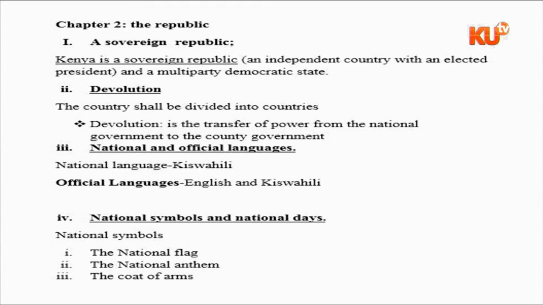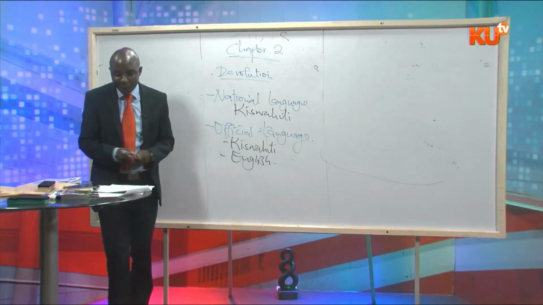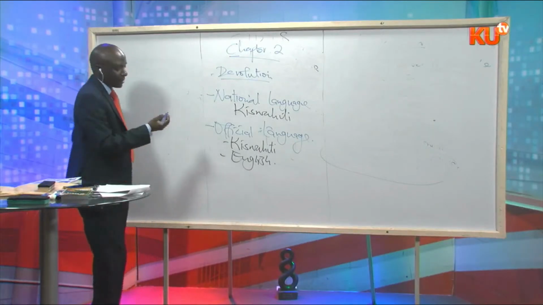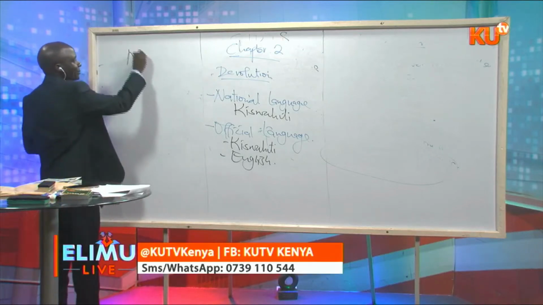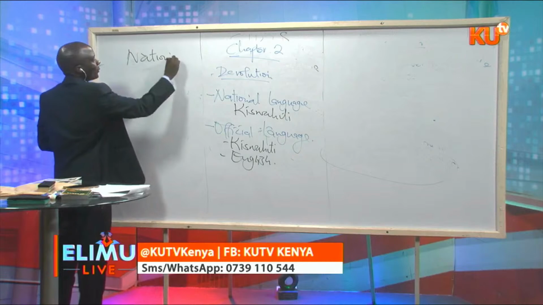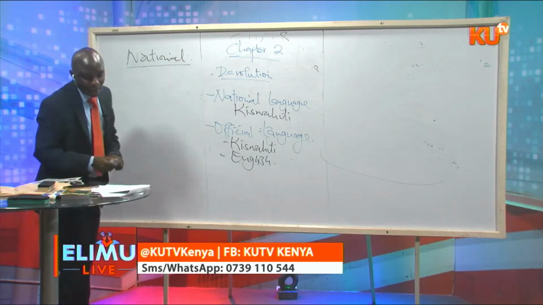Even sometimes you can have them in pictures. This is very important for you candidates because this question is very common in KCPE. They ask you which one of the following is not a national symbol, and I'm going to tell you what a symbol is. They are the following: the national flag.